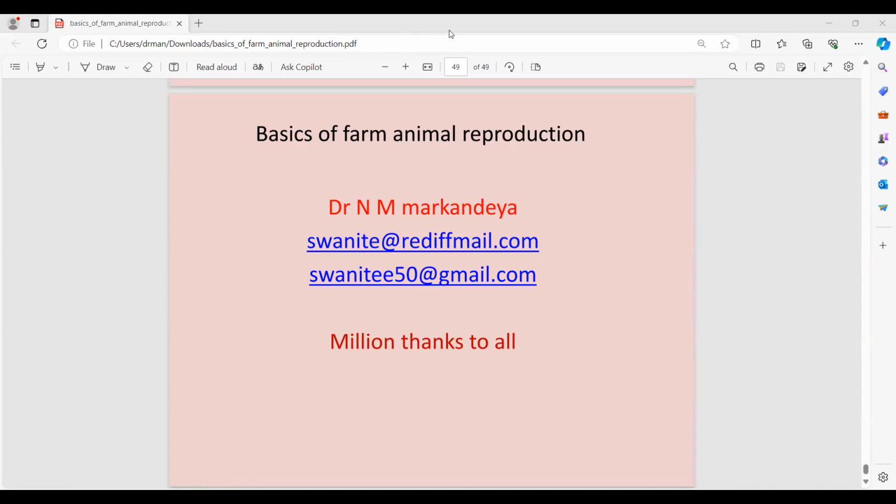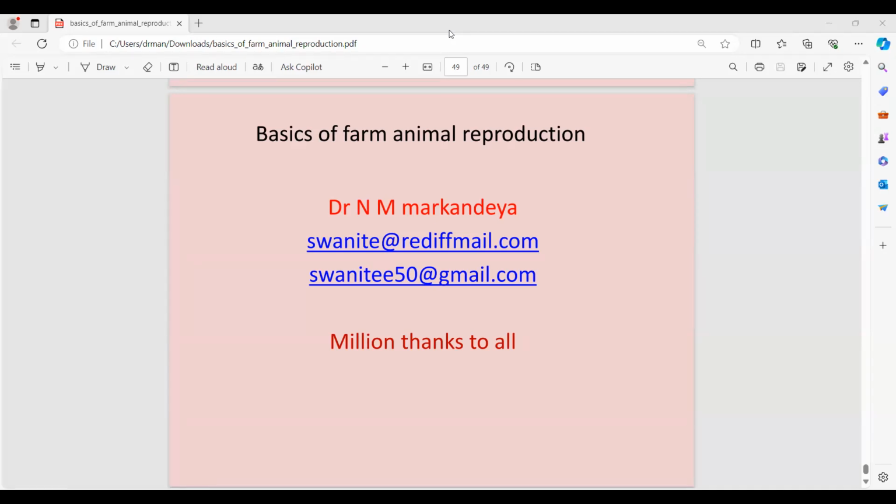Once we are inseminating the animals, after 6 to 8 hours the animal should go for cessation of the estrus. But if an animal continues the estrus beyond 12 hours of our insemination, re-insemination is always after 24 hours of first insemination. So please remember, never repeat insemination before 24 hours.